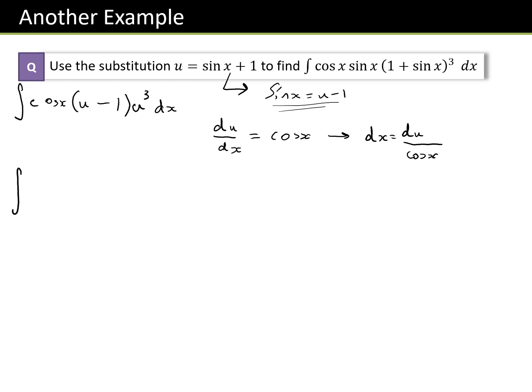So here, I'm going to leave the cos x there for a moment. Sorry for the bad handwriting. U minus 1, u cubed, dx is the same as du over cos x, and the cos x's cancel. Okay, so in summary, don't rush to swap everything.